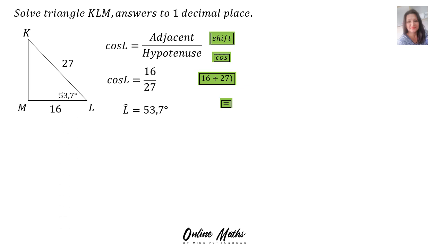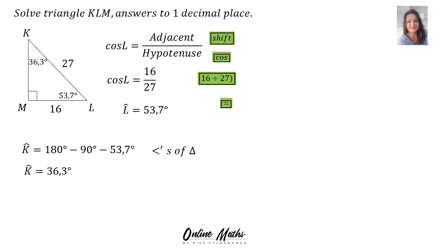So once you have the size, you can fill it in. We can work out angle K with angles of a triangle. Therefore, K is 180 degrees minus 90 degrees minus 53,7 degrees equals, and K's size is 36,3 degrees.